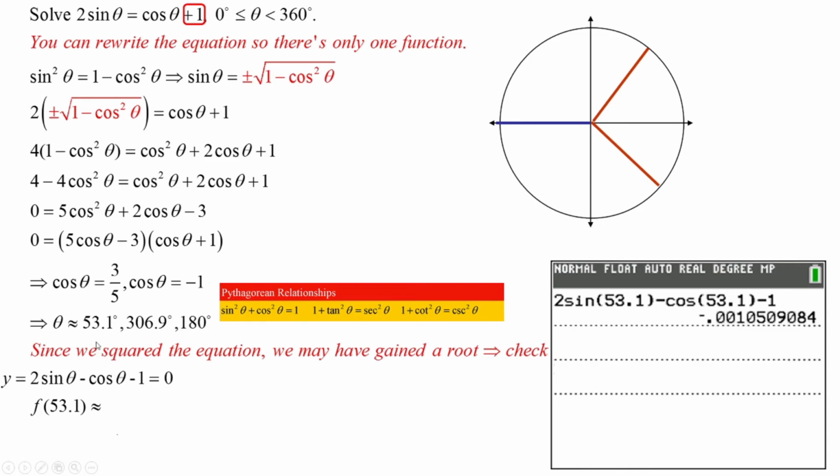So that 53.1 is valid. Okay, now let's try the 306.9. Let me show you a few tricks on your calculator too. You can go second entry and just replace those 53.1s with 306.9. So let me delete my 53.1s.